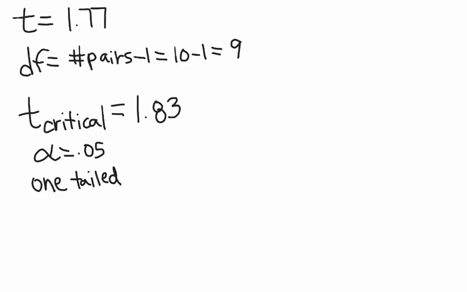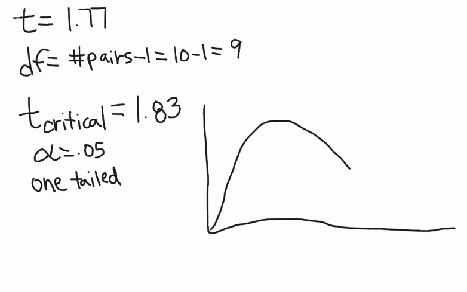Now that I've got my t calculated, my degrees of freedom, and my critical value of t, I can draw my conclusions. I'm going to draw what looks like a positively skewed distribution. I'm going to mark off the lowest 5% of that distribution. Remember that the t distribution goes from 0 all the way to infinity. I'm going to put in here my t critical, which was 1.83.